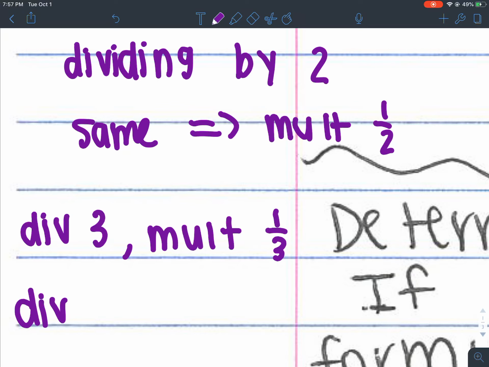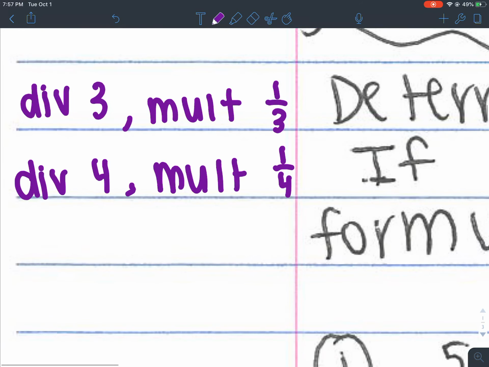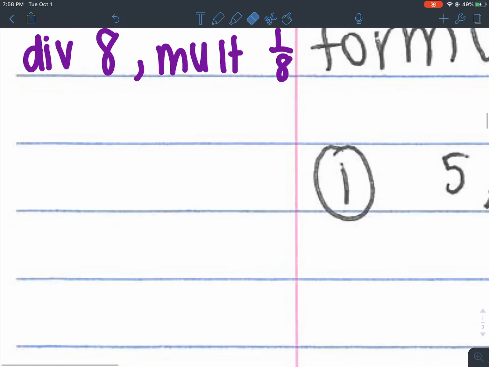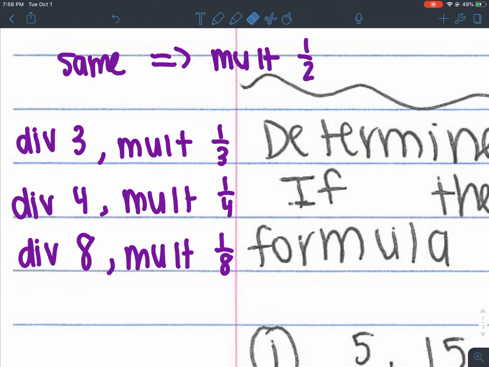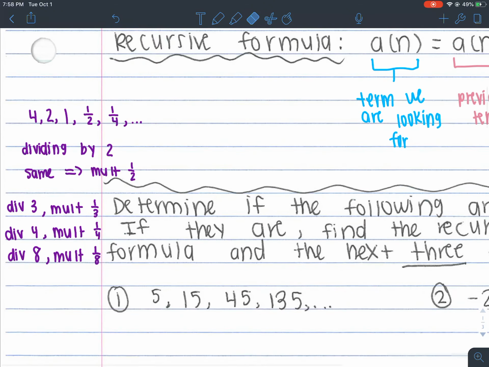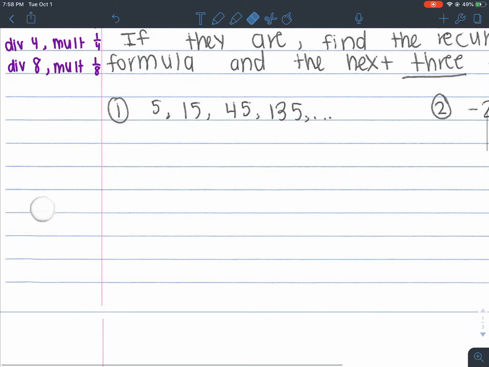If you're dividing by 4, you're multiplying by 1/4. If you're dividing by 8, you're multiplying by 1/8. So it's good that you can recognize that it's dividing by something, which is great, except we don't divide with geometric sequences, we multiply. So you can't say I'm dividing by 2, you have to say I'm multiplying by 1/2. You can't say dividing by 5, you have to say you're multiplying by 1/5. So I'll go ahead and just kind of leave that there.